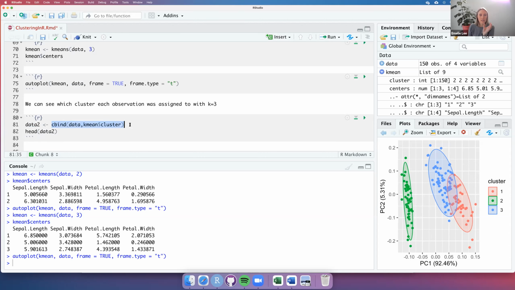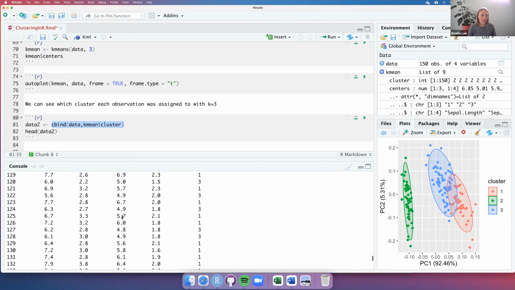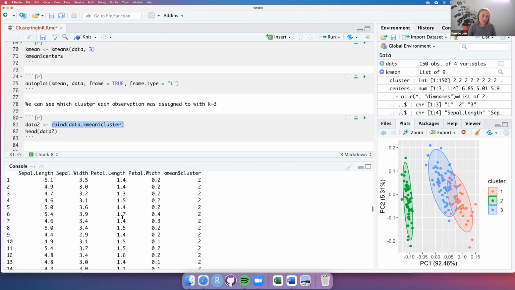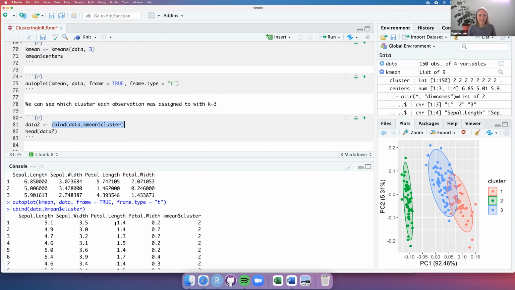I'll show you what it looks like if I run just this bare code chunk using the Cbind. Scroll up here. This is the stuff no one wants to see, the actual data. Oh. So it's got the data set, it's missing the species, so we could tack it on to the iris data set, right? You'd want to make sure that you haven't mixed up the original data.